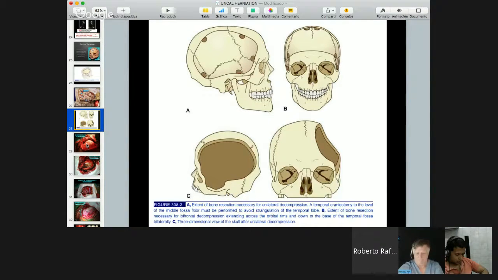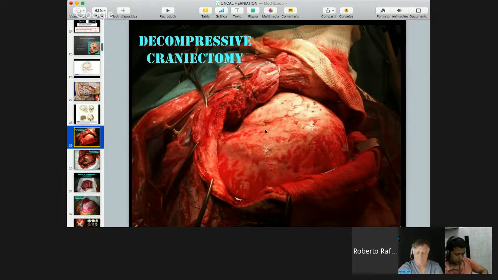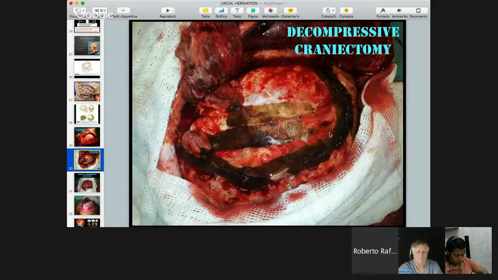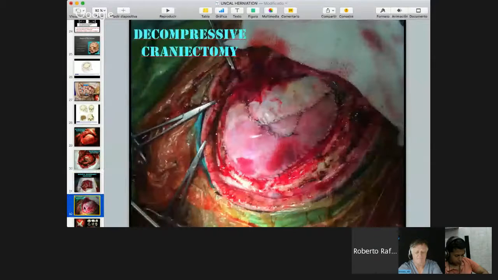And some examples of the decompressive craniectomy: big incisions, exposure of this. Here you can see the inferior area of the temporal lobe, the squama of the temporal bone. This is before opening the dura mater. In this case, it's a bifrontal decompressive craniectomy.